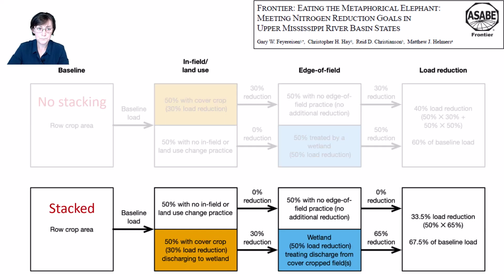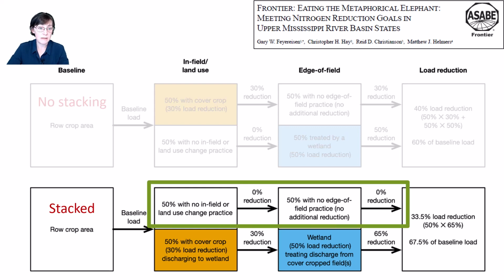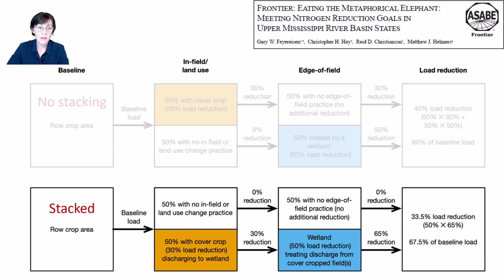In this top example, every single acre was treated by a practice, but there was no stacking. The bottom example shows when those two types of practices are applied to the same acres. In this case, in this bottom example, half of the acres overall didn't get any practice at all. The treated acres get a cover crop, which reduces the in-load going into the wetland by 30%. That means I have 70% of my baseline load remaining, and that 70% gets multiplied by the wetland effectiveness of 50%. 0.7 times 0.5 means the wetland has removed 35% of the initial original baseline load.